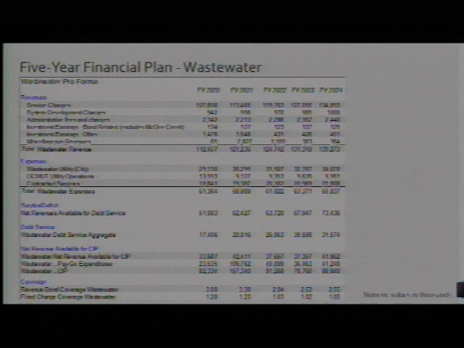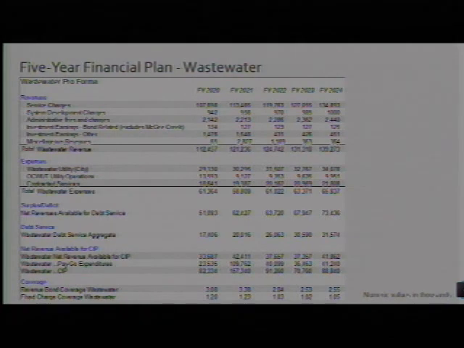As we take a look at our wastewater financial plan, our revenues are projected at $112 million for the current year, increasing to over $139 million at the end of the 5-year period. Our expenses, mainly driven by city operations, trust operations, and our contracted services with Infomark, are about $61 million for fiscal year 20, and are forecasted to increase to over $65 million by FY 2024.